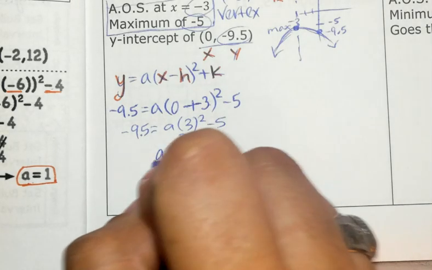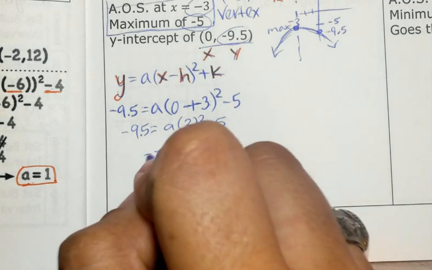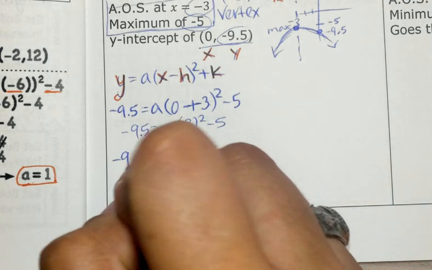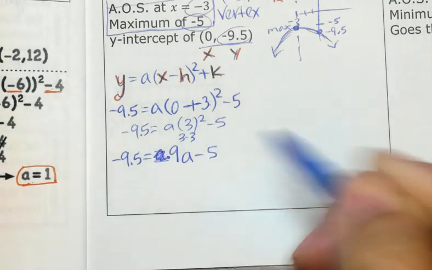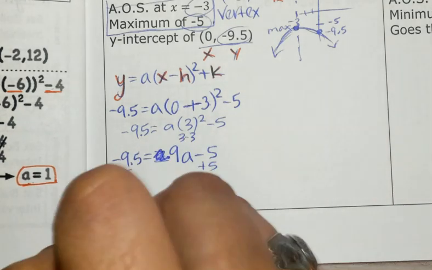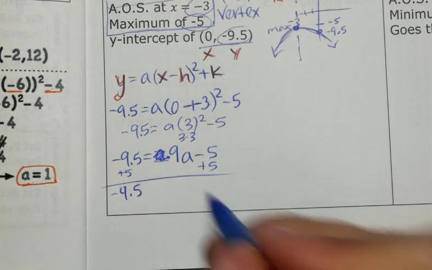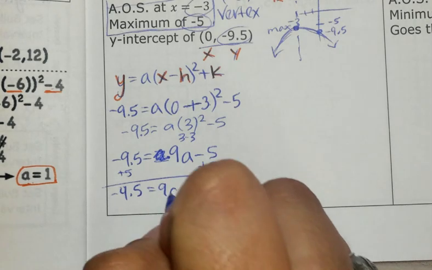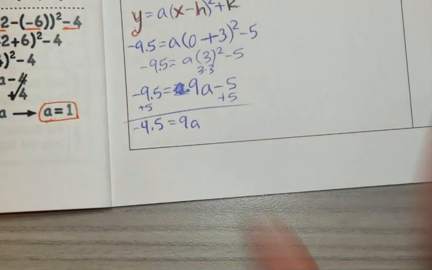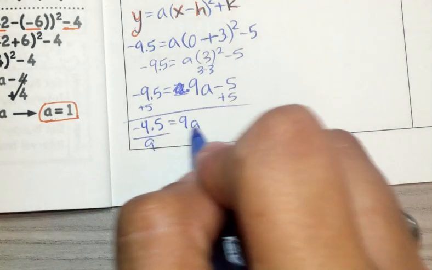So that just becomes 9a minus 5. And then you have to solve for a. So plus 5 equals -4.5 equals 9a. And then you're going to divide by 9.